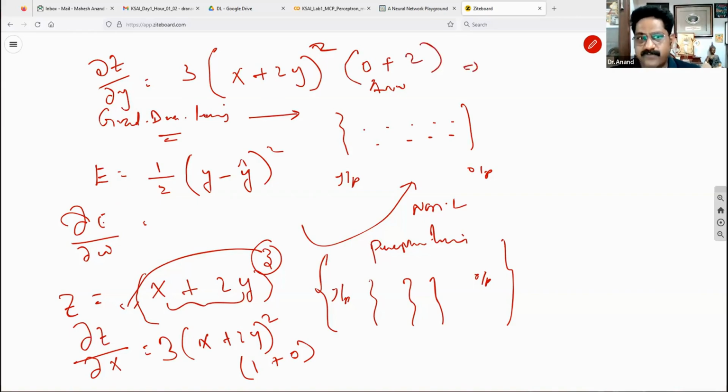So the answer for dou z by dou y is 6 times of x plus 2y whole square, and dou z by dou x is 3 times of x plus 2y whole square. This much calculus is more than enough to understand the entire mathematics behind the neural network. Nothing more than that.